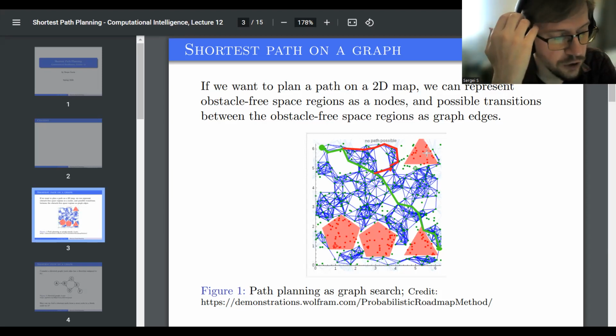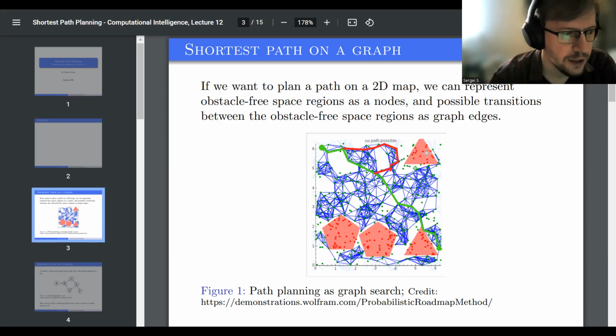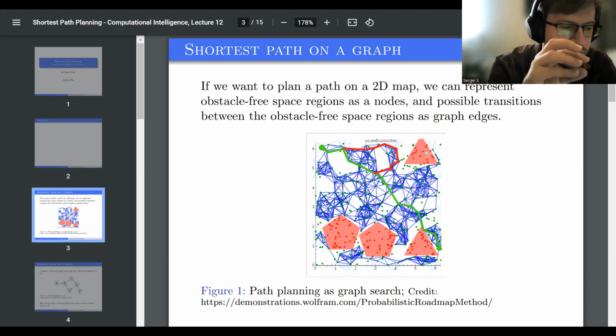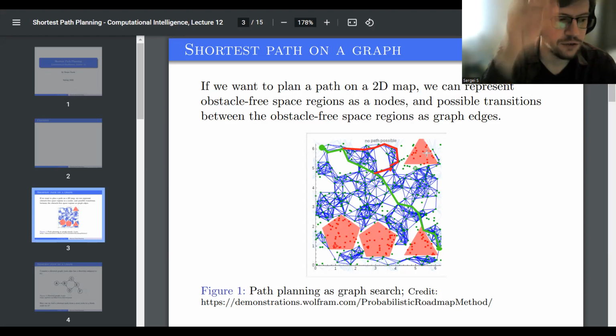Another one is, let's say you have a drone and you want to plan your path through a cluttered environment. Another one is you have an end effector of your robot and you want to plan a path through a few obstacles that exist in your workspace, and so on and so forth. All of those require some simplifications. Like, for example, for the robot arm, it is unclear how you're going to take into account the fact that the end effector is connected to the other parts of the robot arm, right?